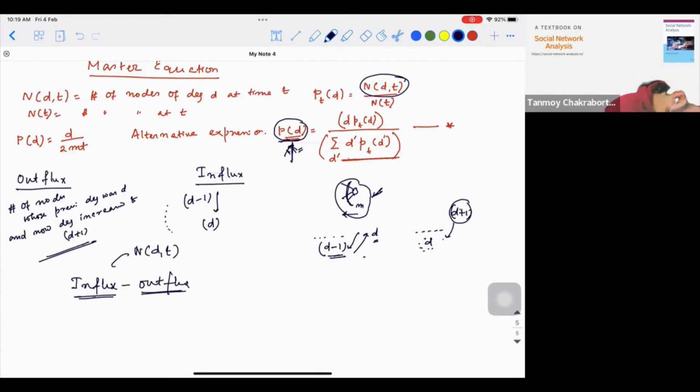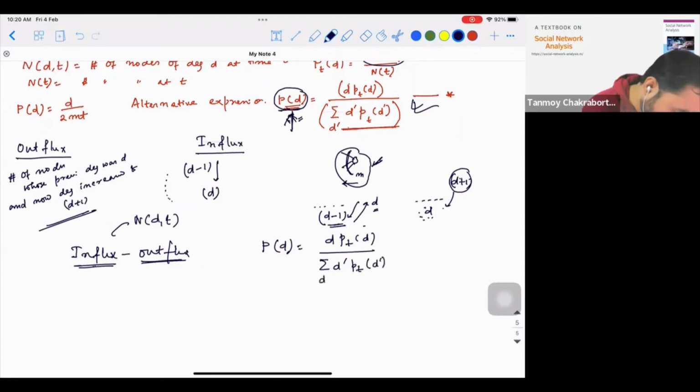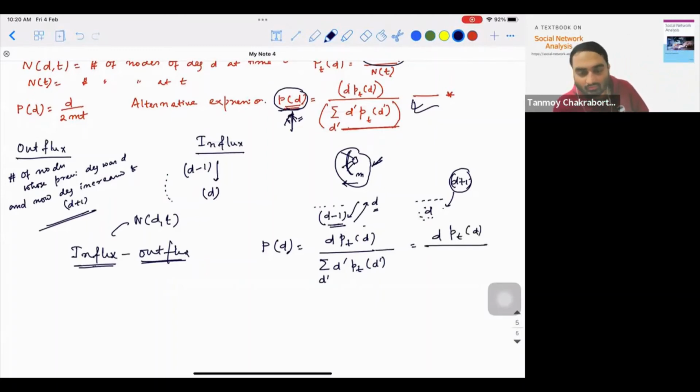So now let's look at this quantity again. We have seen PD is d PTD by, now tell me, what would be the value of the denominator. The denominator is the average degree. The sum of degrees is 2 into the number of edges, so 2mt.